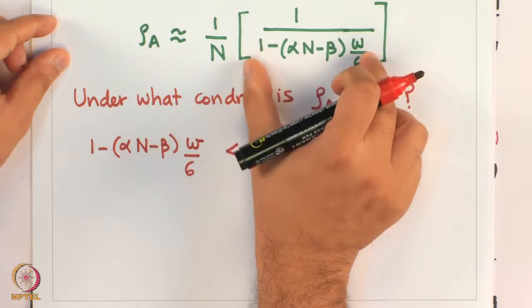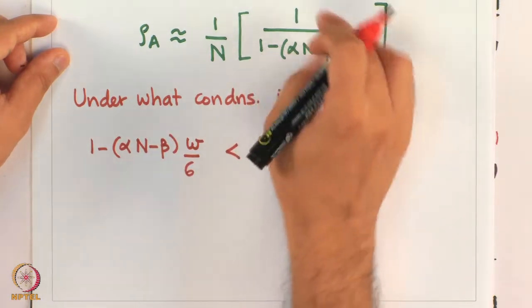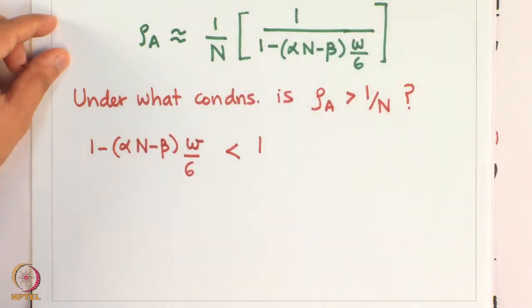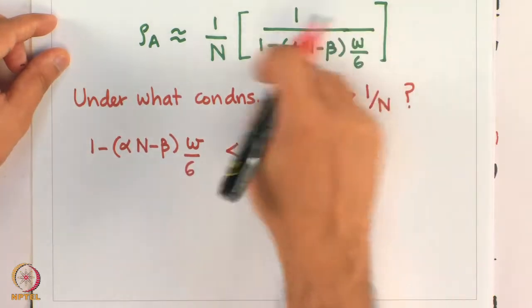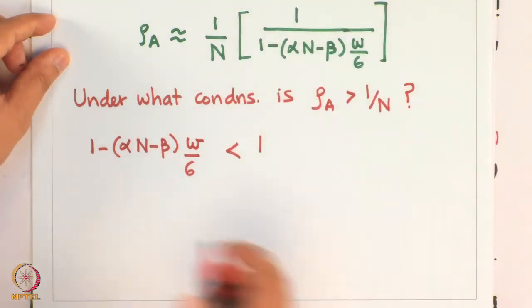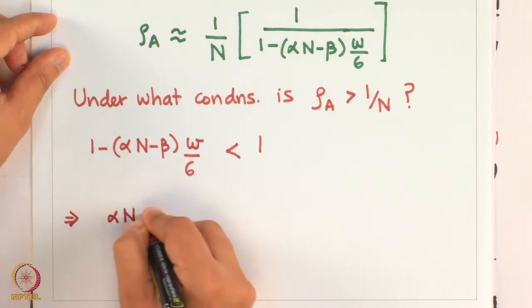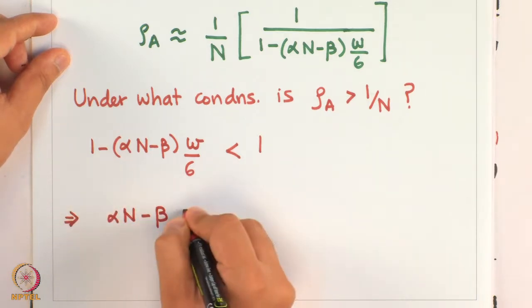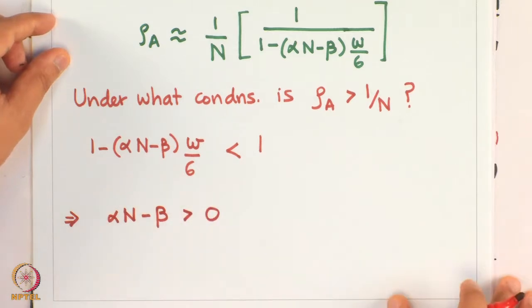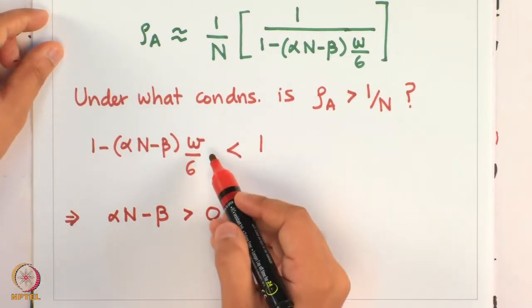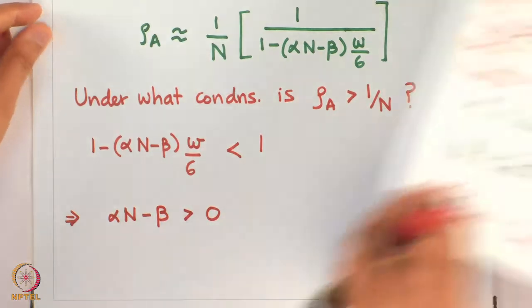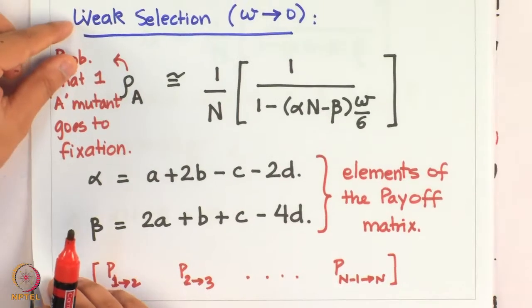If the denominator is less than 1, then that means we have 1 divided by a number less than 1, so the whole expression becomes more than 1. And this will be true if alpha n minus beta is greater than 0. Because remember, all of this is valid only in the regime where selection is weak.